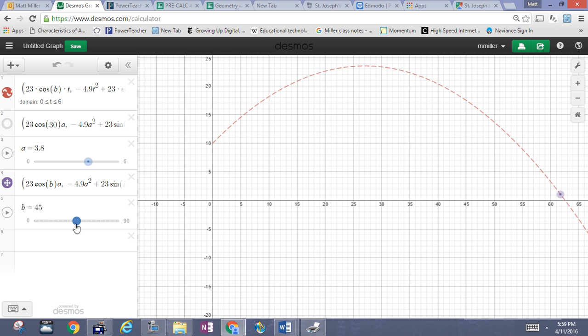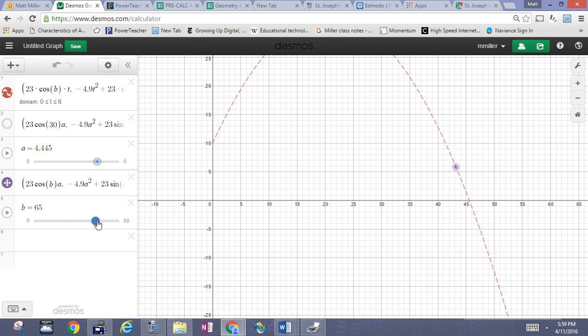At 50, look what happens: I've got more hang time, but my range is not getting any better. In fact, at a 60-degree launch angle, I have a lot more hang time, but I've lost my range. So that's what's going to happen.